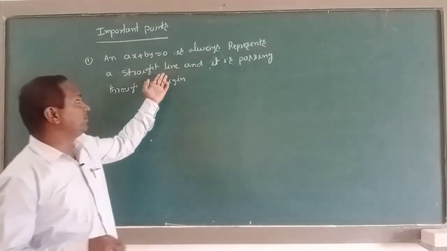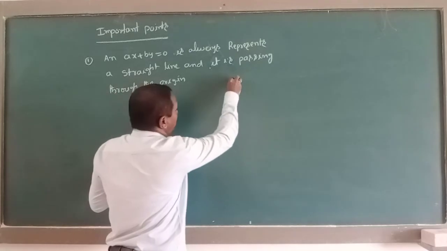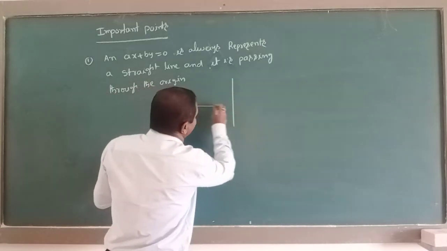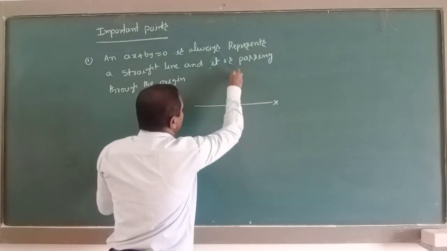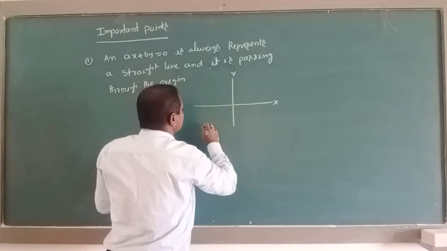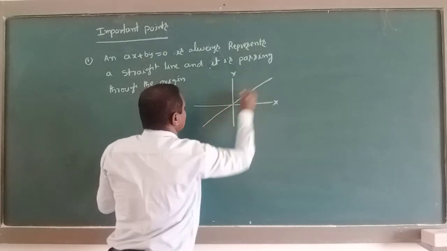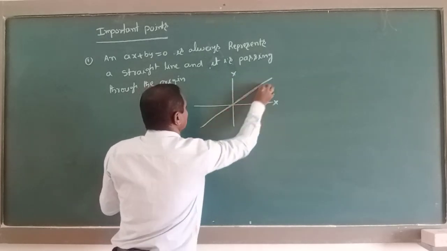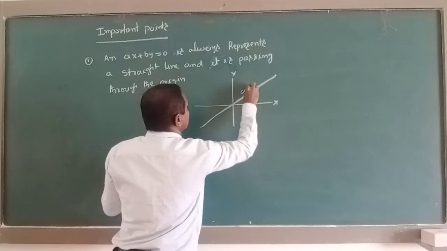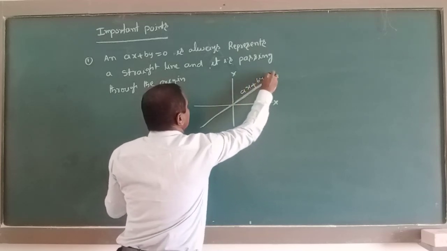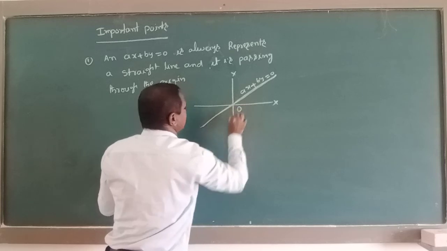Where C is equal to 0, it must be passing through the origin, like this. X axis, y axis. This is the origin.